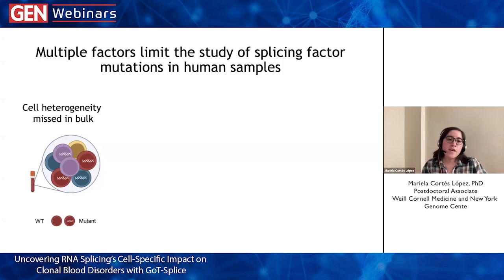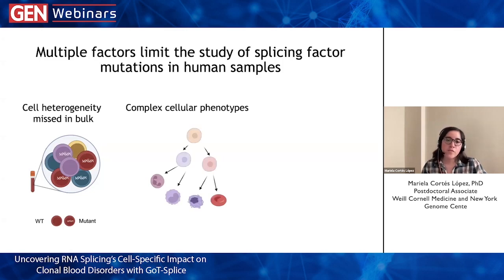And this is usually missed when we do bulk sequencing. And this has also led to many researchers trying to look at the single cell level. However, at the single cell level, we also have complex cellular phenotypes, which sometimes are difficult to characterize.